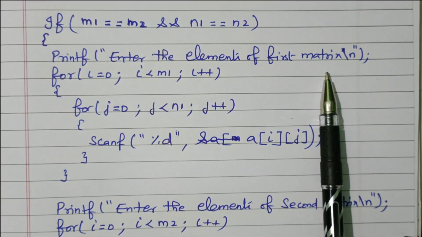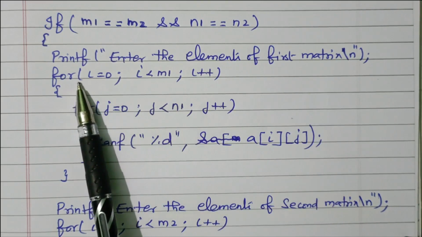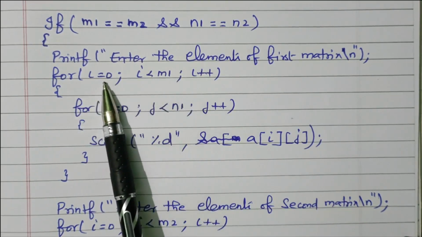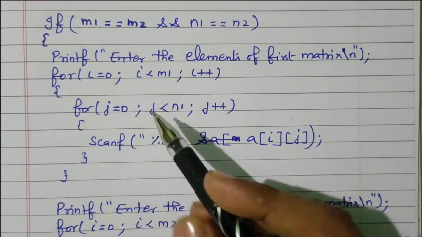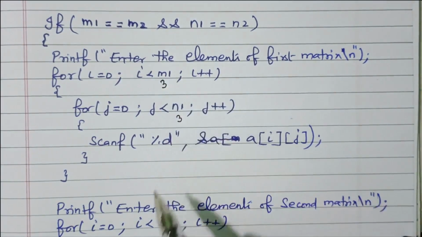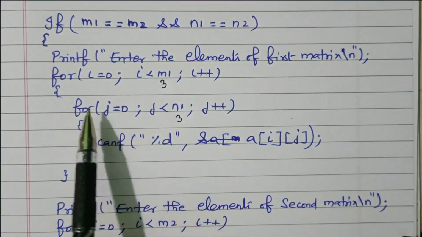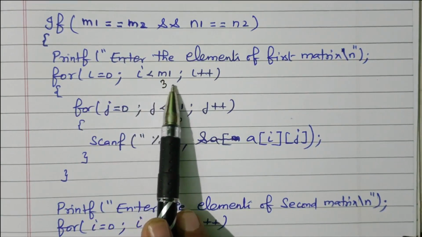The first element should be stored in 0,0, then 0,1, 0,2. For that we are using a for loop: for i equal to 0, i less than M1, i plus plus. We already decided that this M1 value is 3 and this N1 value is also 3. So first we open the outer loop, i equal to 0, i less than 3, i plus plus.